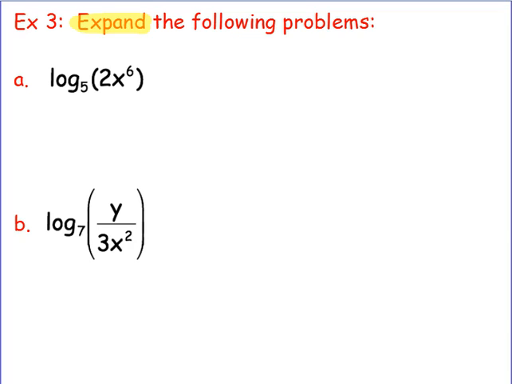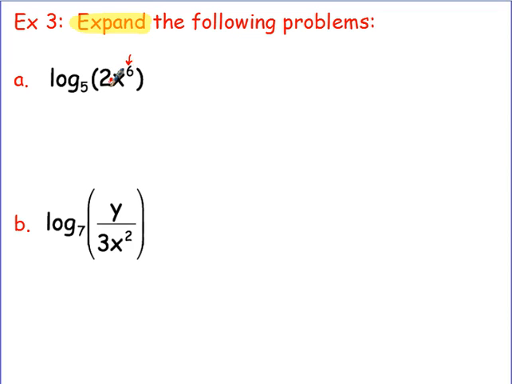So when you look at this first problem, log base 5 of 2x to the 6th, you should see a couple of properties. You should see that there is an invisible multiplication dot there, and there's an exponent here. When you're using these properties with expanding, we always use the multiplication and division rules first. So I'm going to make this multiplication rule, and I'm going to change it.